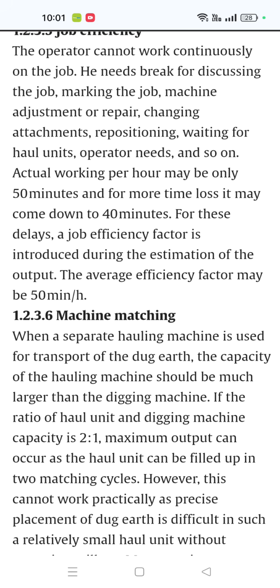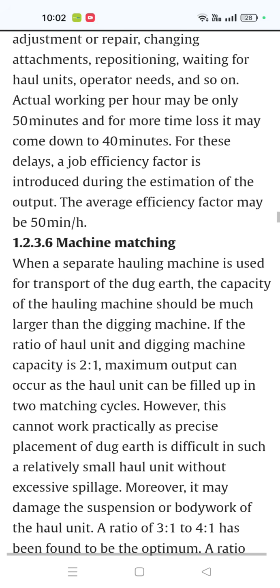He may work only 50 minutes per hour, and for more time loss it may come down to 40 minutes. A job efficiency factor is introduced during the estimation of the output. The average efficiency factor may be 50 minutes per hour.